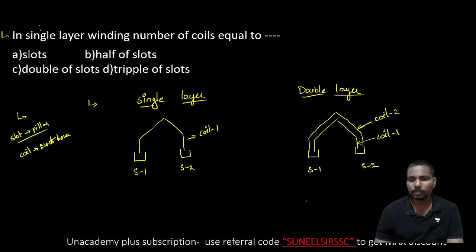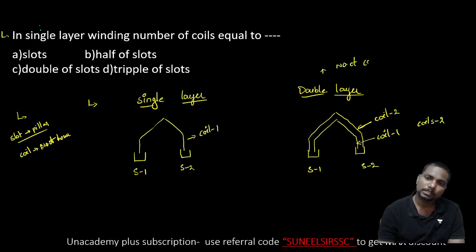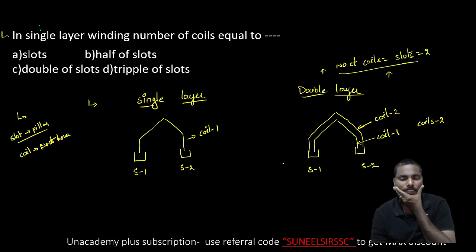From this, what idea can you get? Here in the double layer winding, you got coils are 2 and also slots are 2. So number of coils is equal to number of slots, that is equal to 2.